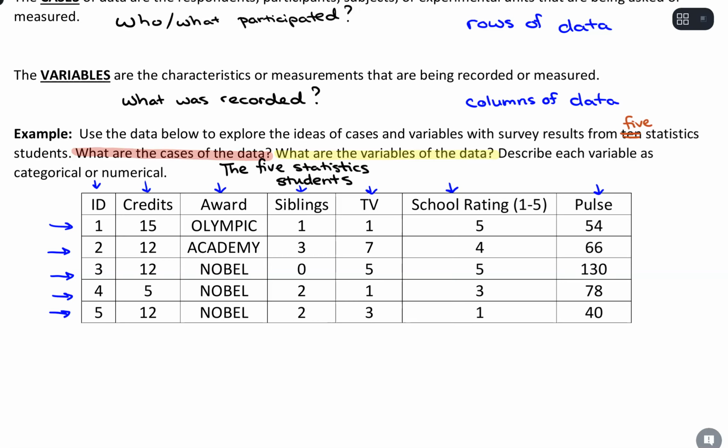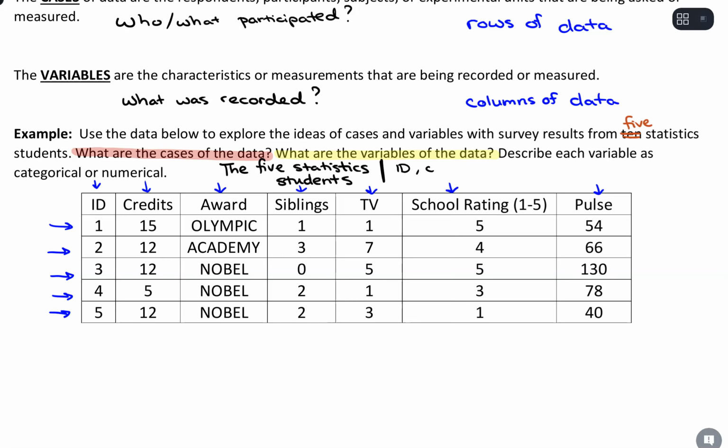Like just numbering people 1 through 5 is probably the researcher just assigning someone. If it was a student ID number, then that would be a variable because that is a characteristic of the person. So ID is kind of a toss-up of when and if it's considered a variable. If it is included, it's considered categorical. So I'm going to go ahead and include it here, but just so you know, that can sometimes switch around.